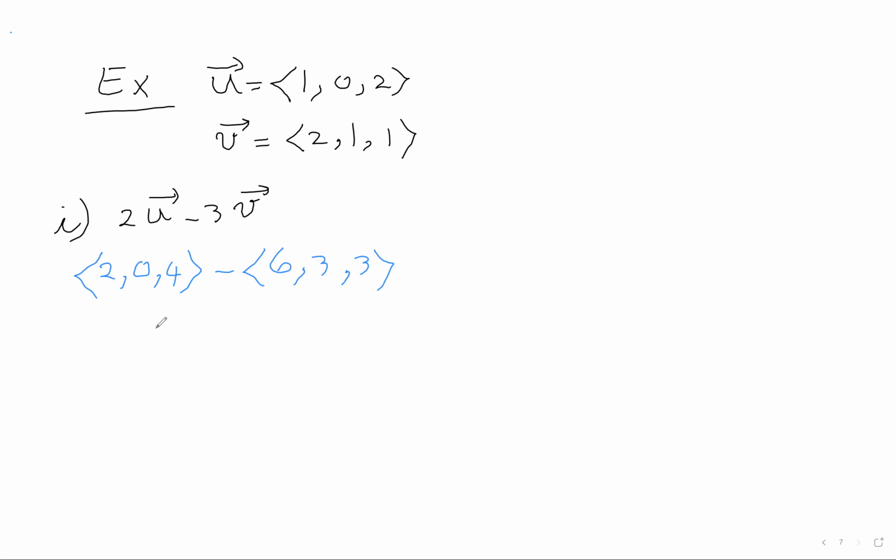So I do the subtraction. 2 minus 6 is negative 4. 0 minus 3 is negative 3. 4 minus 3 is 1. So that's, again, if the question was to write it in the ijk form, that would have been minus 4i minus 3j plus k.